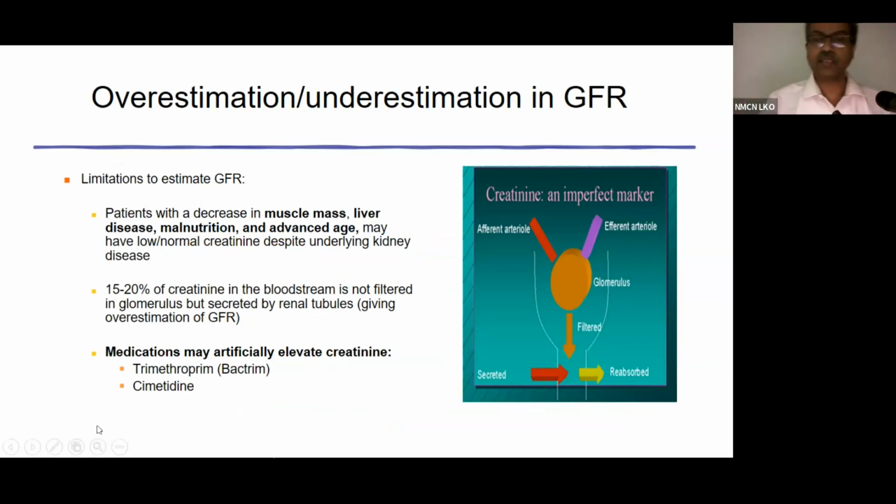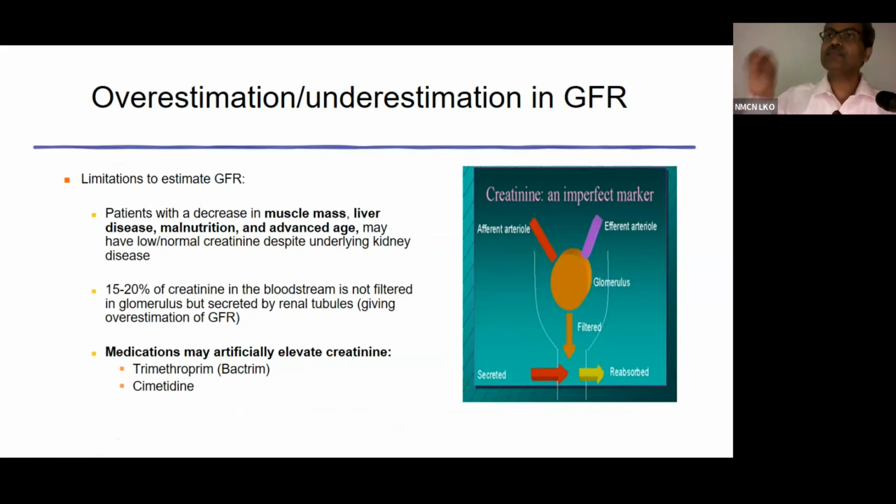Just through this photograph, you can see what happens. Some of the things are secreted again. Basically, creatinine is filtered through the blood and then excreted through the urine at the glomerulus level. But some amount of the serum creatinine is secreted into the tubules.